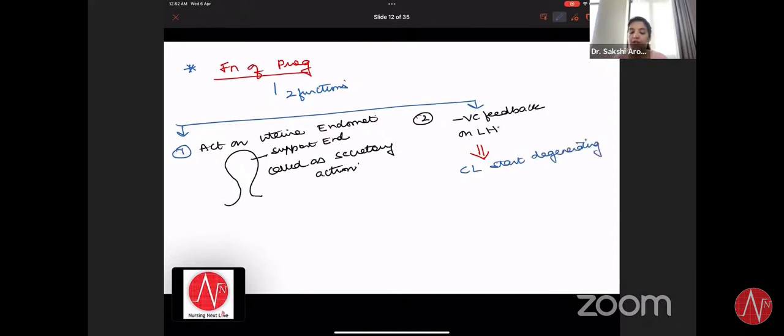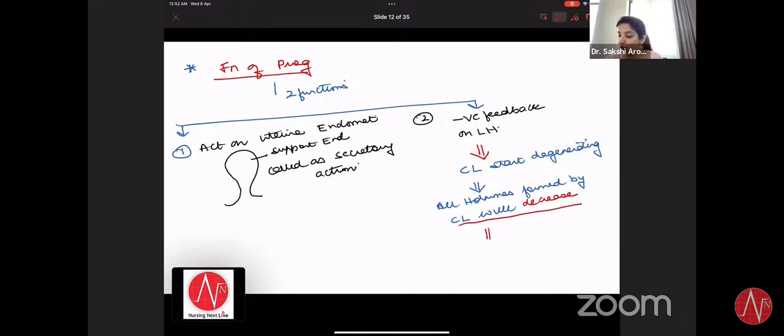Right? And जब corpus luteum degenerate करना शुरू करेगा, तो all hormones formed by corpus luteum will decrease.